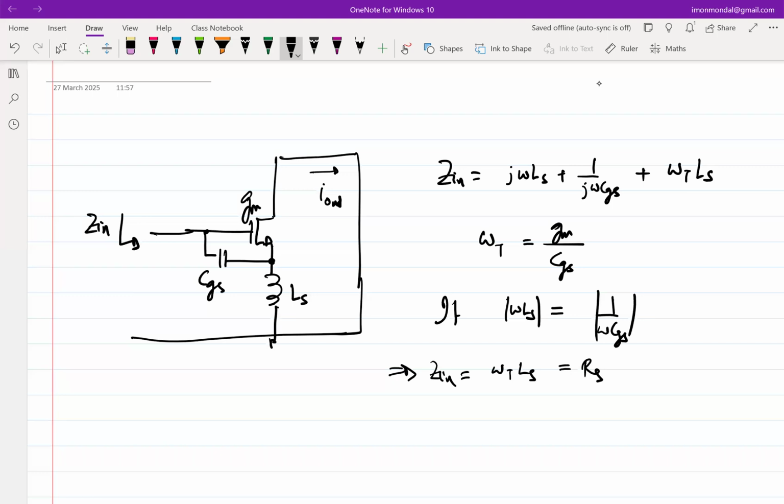And note that it does not use any explicit 50 ohm resistor or explicit RS. It is getting manufactured by this voltage controlled current source and some feedback around it. Okay, fine. So this is where we ended.